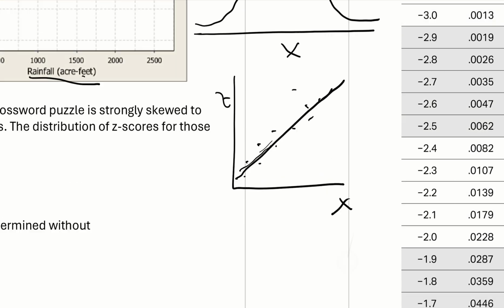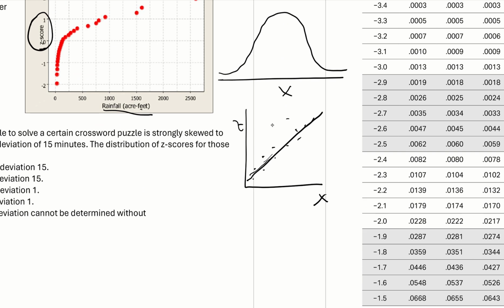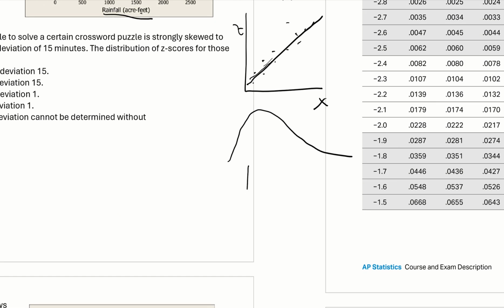If it's skewed to the right, then when I start drawing the z versus x, it's not going to be a line. You're going to have higher z-scores here, right? These are the high z-scores, and these are the low z-scores on the left side.